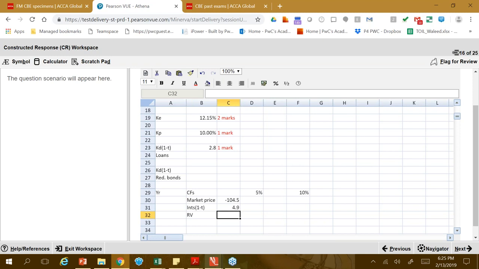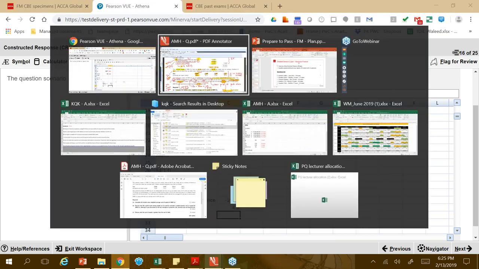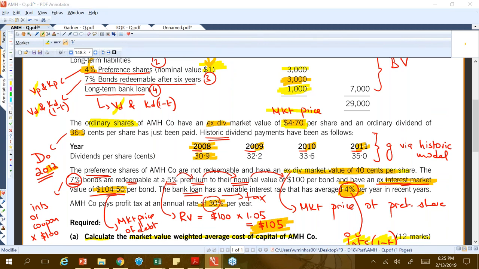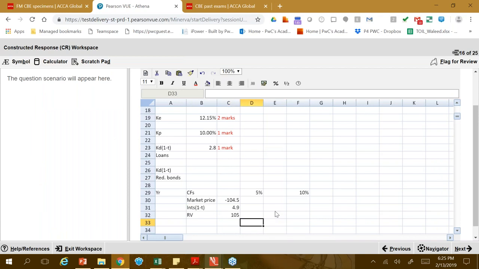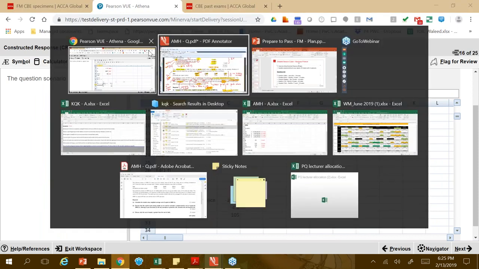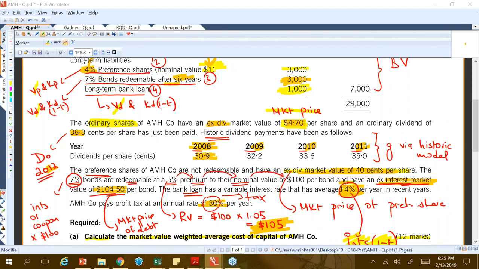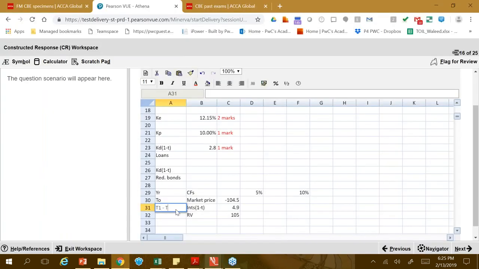And remember, the redemption value in this question was 105, a 5% premium to the nominal value. And what we need to do now is to discount them. So this is T0. How many years is the interest? Well, the interest is for 6 years given in the question, so from T1 to T6, and finally the redemption value in T6.